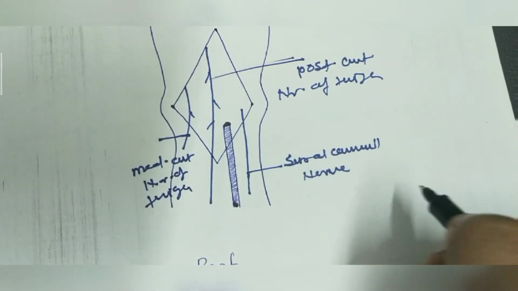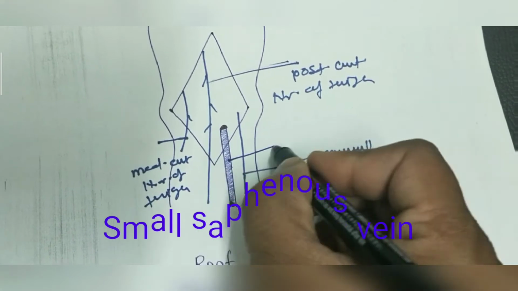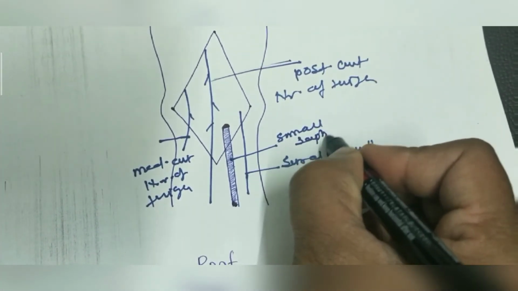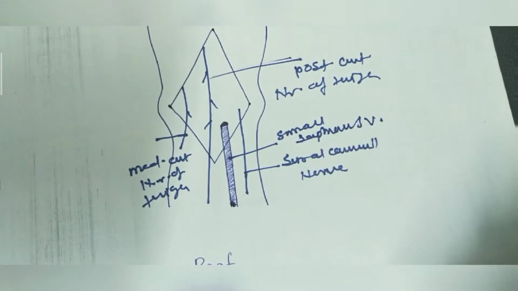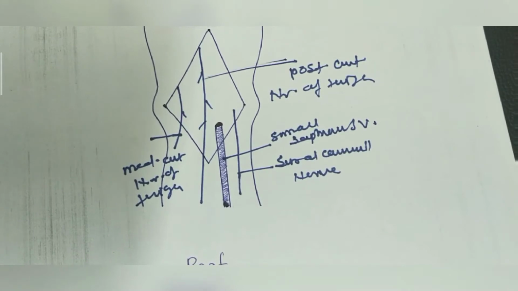These are the three cutaneous nerves, and one vein is there, known as the small saphenous vein. These form the roof of the popliteal fossa.